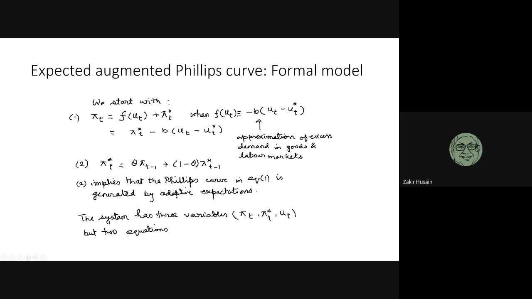Now this function of unemployment can be written as minus B, so that there's a negative relation between pi and ut, and u star t is the natural rate of unemployment. This is an approximation of excess demand in goods and labor market. If I substitute this over here and bring pi star before, I get this expression. This is equation one, the Phillips curve.